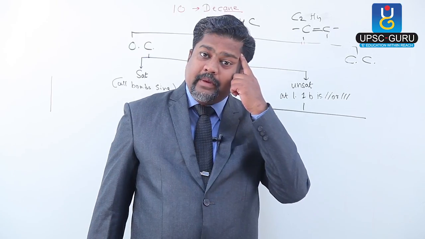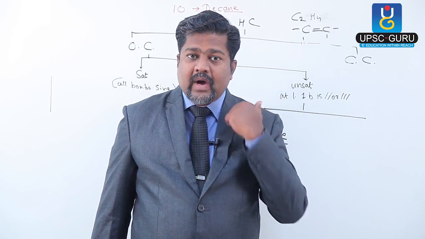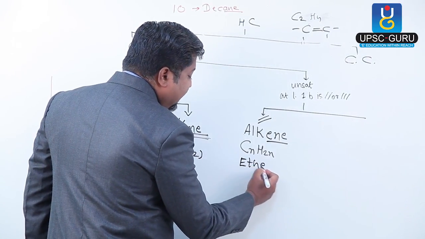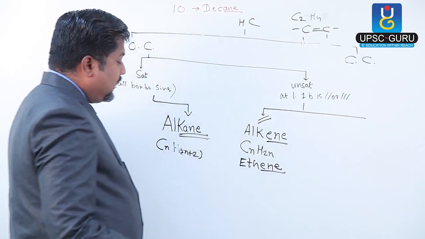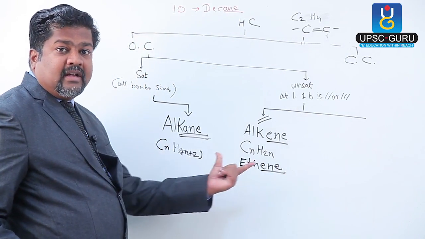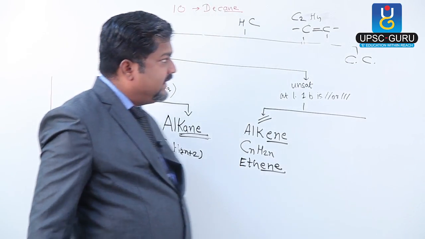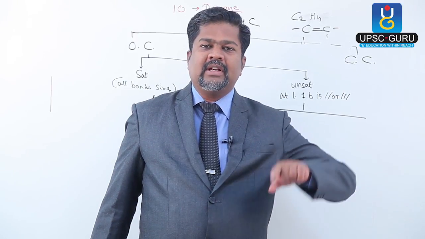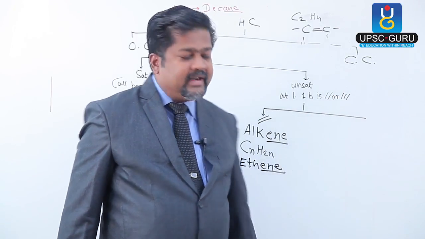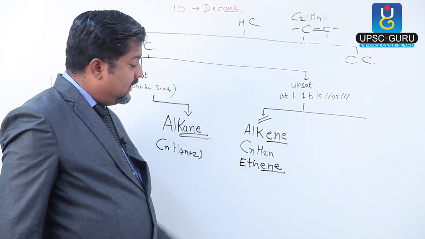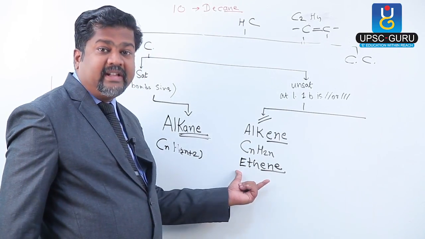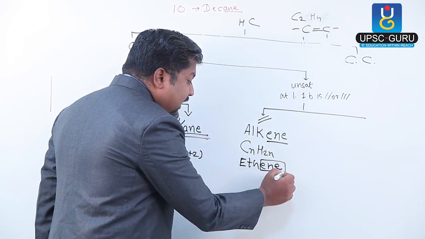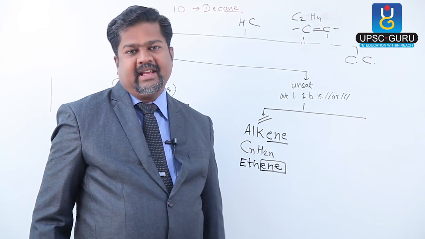So a double bond should be there between carbon and carbon, then a minimum of 2 carbon atoms should be present, and therefore this series starts with ethene. Here the member was ethane, here the similar member I should show is ethene and not methane. Methane is not possible because there is only one carbon. But when 2 carbon atoms are there, it is possible. So the first member is ethene, then propene, butene, like that. Everywhere we are adding the suffix ene.